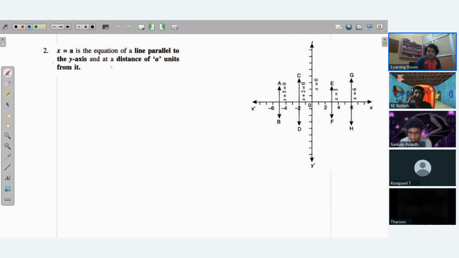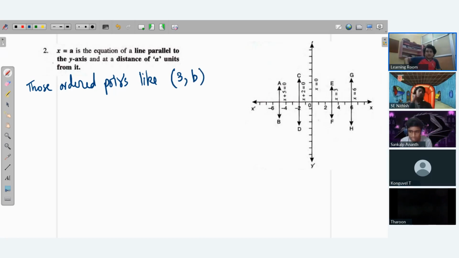Now, in the y-axis, the x coordinate was 0. What about those ordered pairs which look like this, 3 comma b, where the abscissa of the ordered pairs is always fixed at 3, and the y coordinate can be any number, positive or negative?